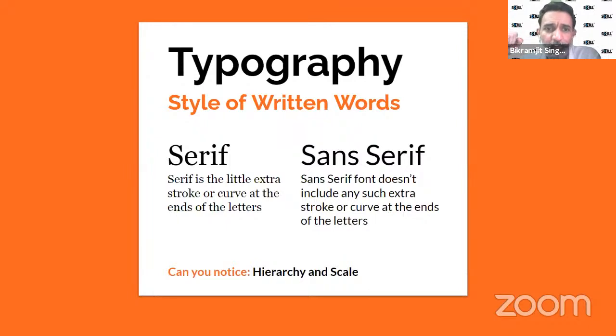Then there is the subtitle line, style of written words, which have been given smaller weight and put second in the hierarchy. Then there is the content text or the body text, usually called. The font size is even smaller over there.